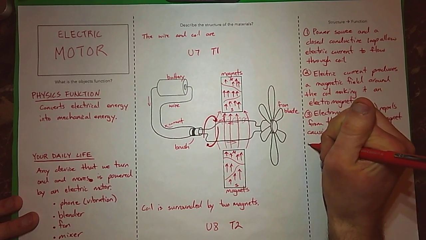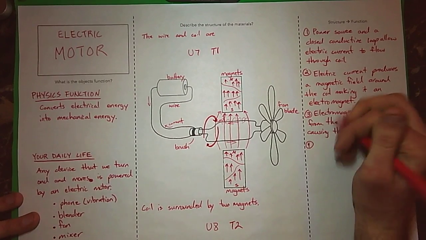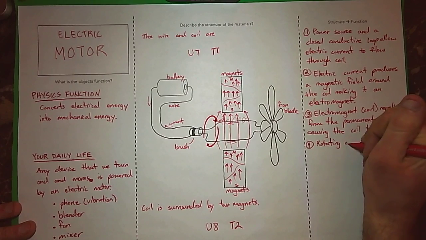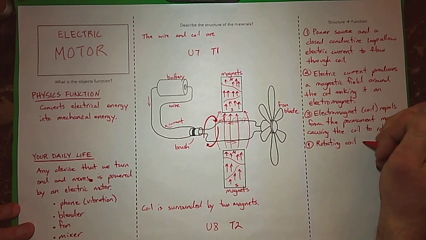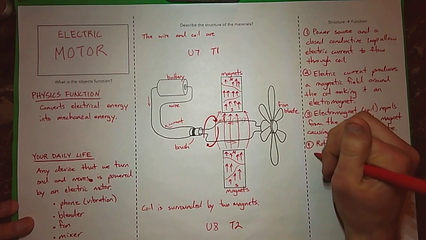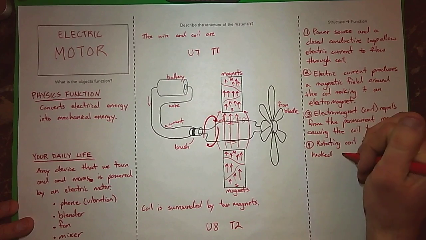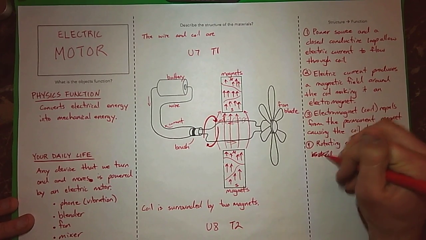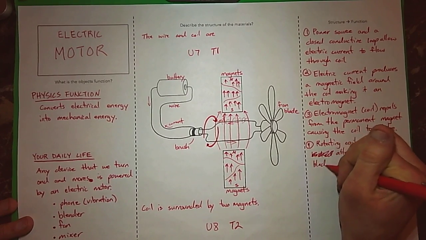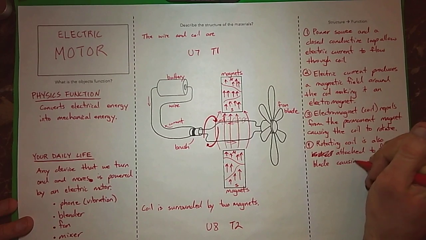All right. And if my coil's rotating, so rotating coil, is also hooked up, or I'm going to say attached, to the fan blade, which causes the fan blade to also rotate.